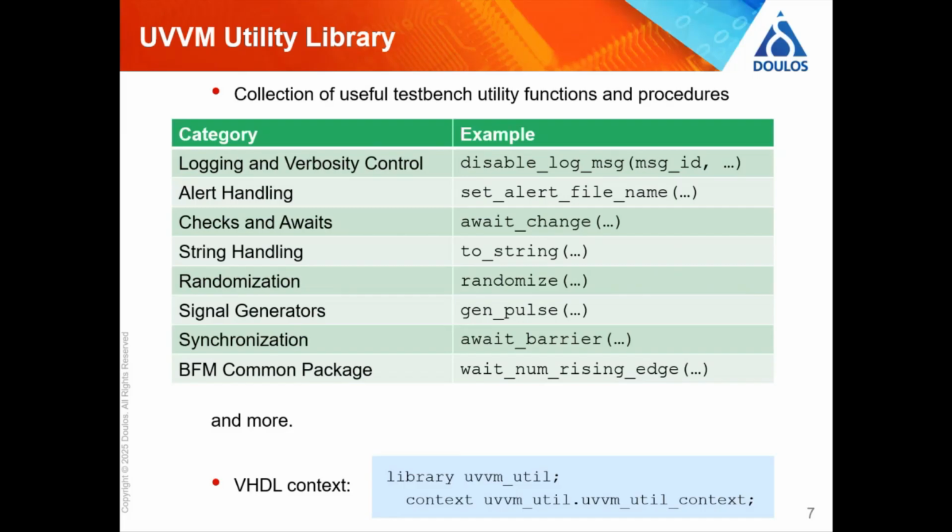We've got checks, awaits, barriers, synchronization. Also, UVVM adds a whole load of stuff about string handling as well, and again, VHDL is not very good at that side of things. Randomization, which, as I say, in UVVM started off quite primitive, but has now grown to be quite sophisticated. And as it says at the bottom, with a big catch-all, and more.